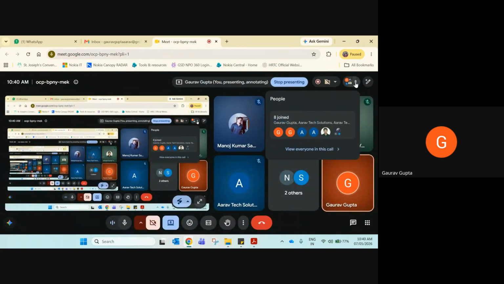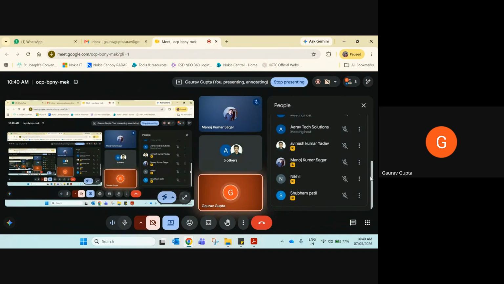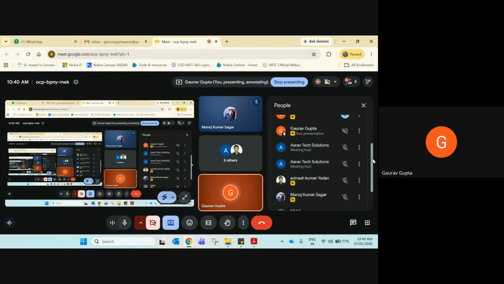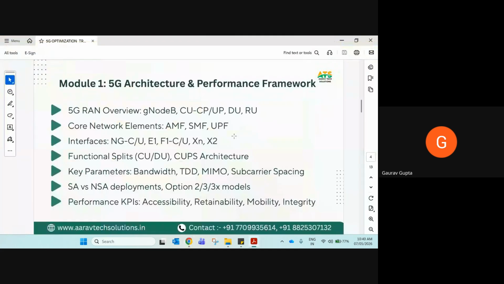Guys who are already working, just in between that, among you, I just want to know, any one of you, like Nikhil, Manoj, Avinash, Shubham Patil, who is from a non-RF background? It will give me an idea. Are all guys from RF background, or is anyone from a non-RF background? Guys, can you confirm, please?